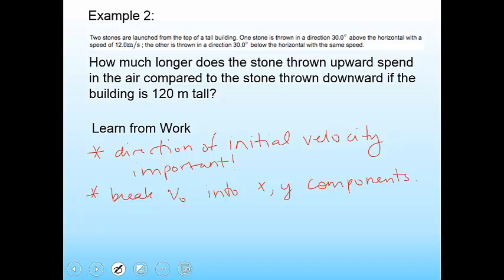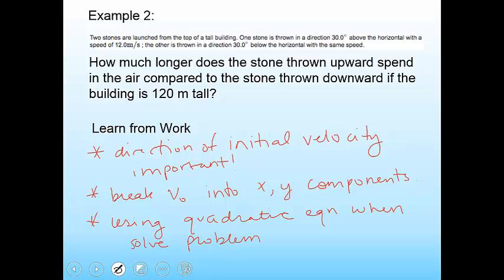The other thing was using that quadratic equation when you need to solve a problem with both a t term and a t squared term. Okay, so I think that's everything, and that was example 2.